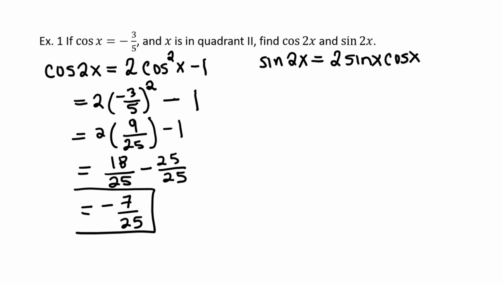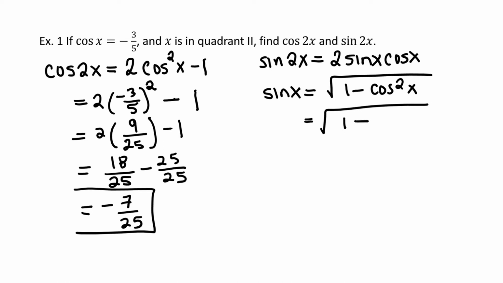I'm going to use the Pythagorean identity and say that sine of x is the square root of 1 minus cosine squared x. Then we'll have the square root of 1 minus the value of cosine x given in the statement of the problem. That's -3/5, and we square that.